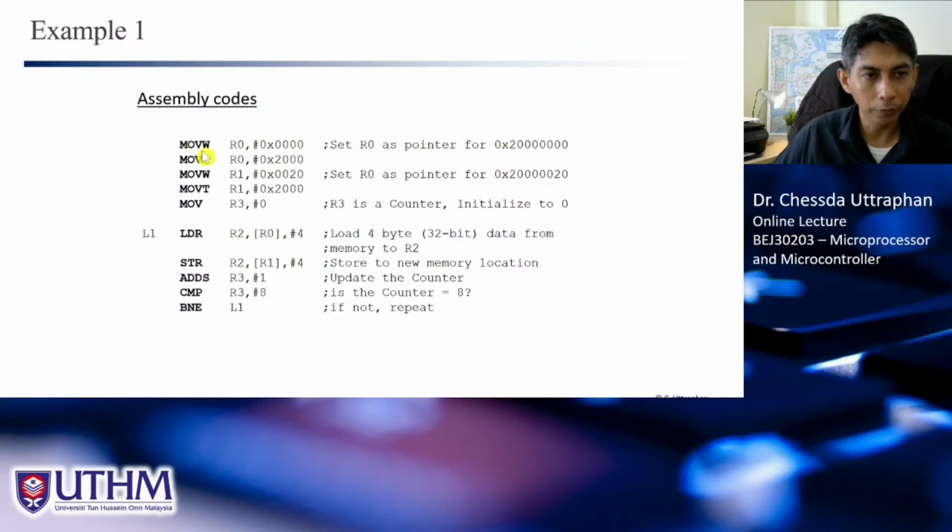We use move. This is the way, and this is for R1 to get this in R1, and this is for the counter, having 0 in R3, and this is load the value pointed by R0, which is here, into R2, and after that plus with 4 in one instruction using the post-index addressing mode.